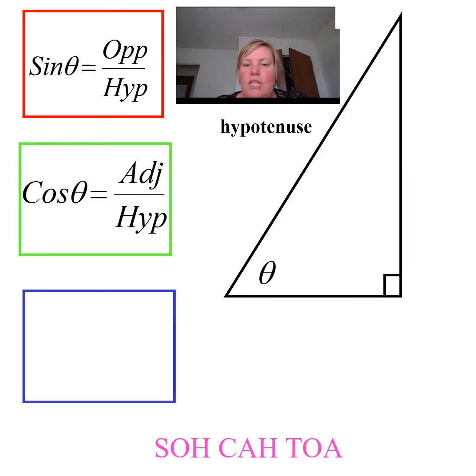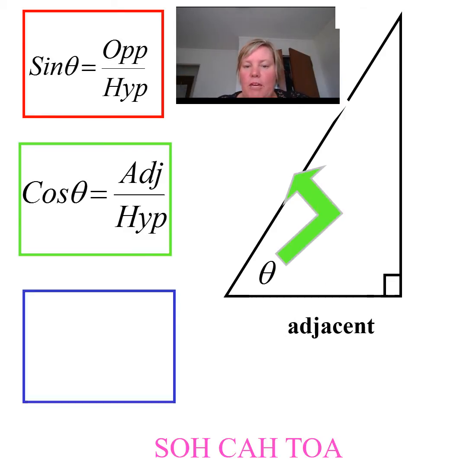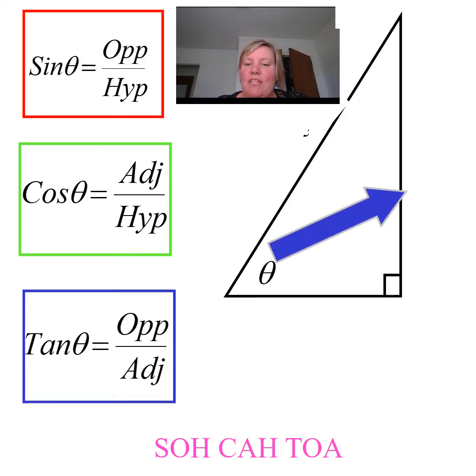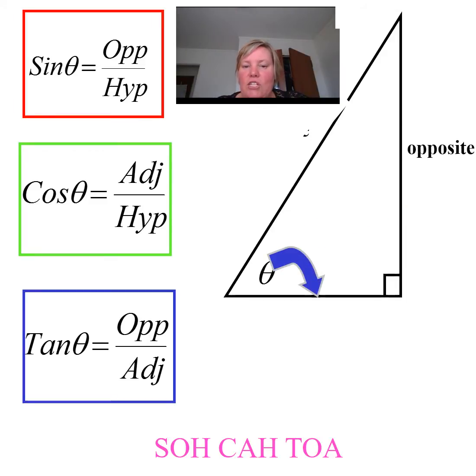That is equal to the adjacent side, down there, and the hypotenuse, up there. Now, if you think about it, there's one combination of sides missing, and that, of course, is the opposite and the adjacent. So there's the opposite side, and here is the adjacent side. When you get those two together, you use tan.